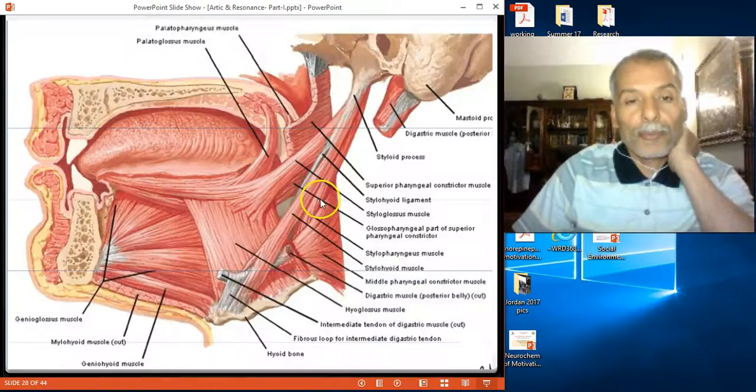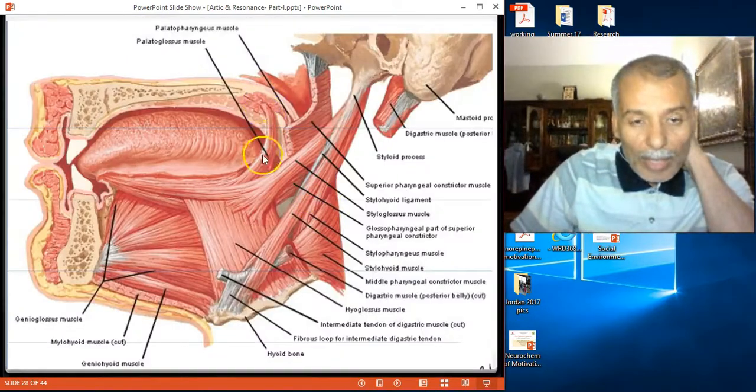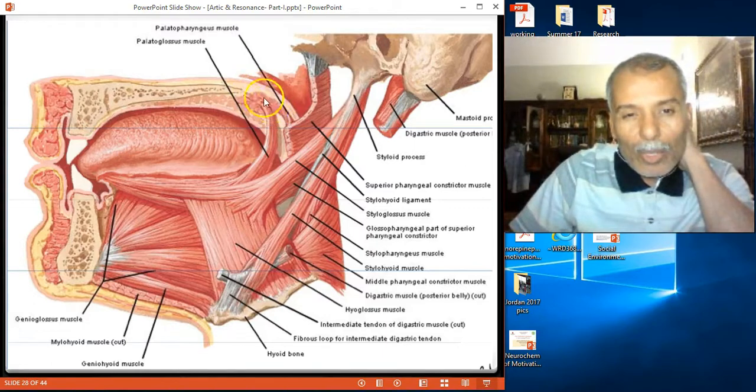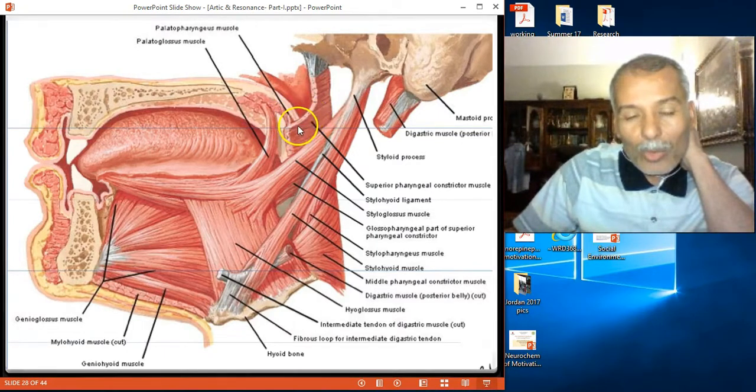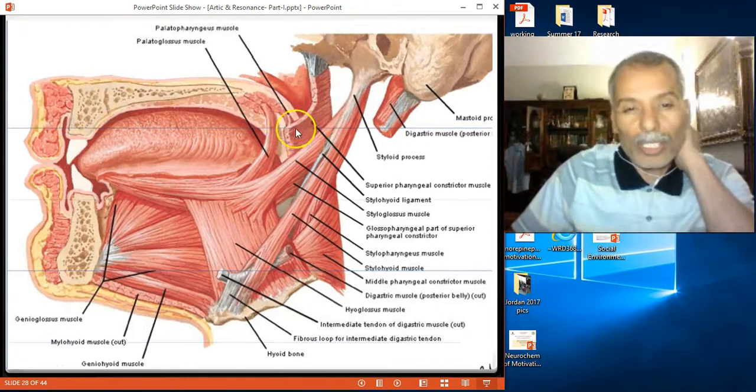I'll show you. So here is the palatoglossus, and attaching in a similar way on top, out of the palatal aponeurosis, it comes down and then goes back posteriorly, and then it connects, as you see, to the superior pharyngeal constrictor muscle. And it has other insertions as well.